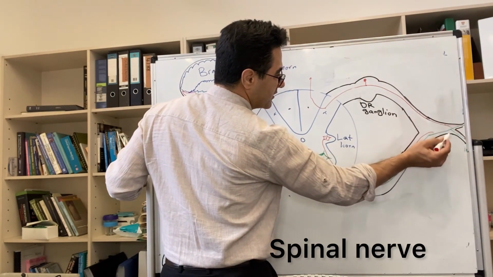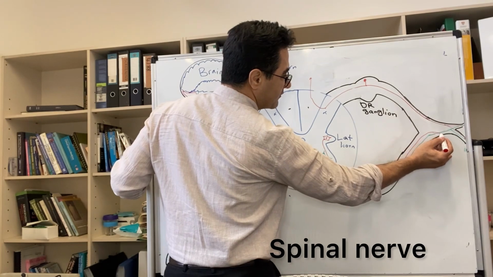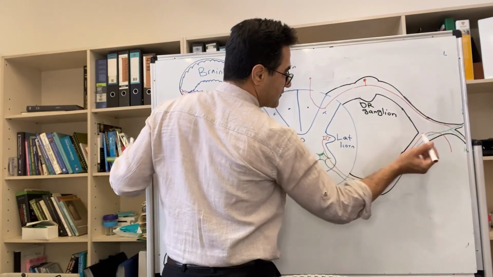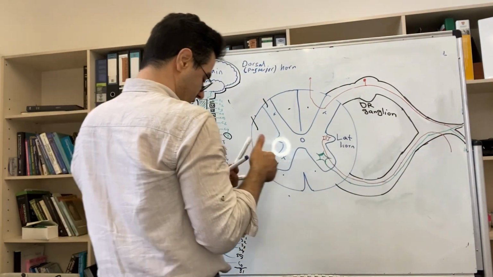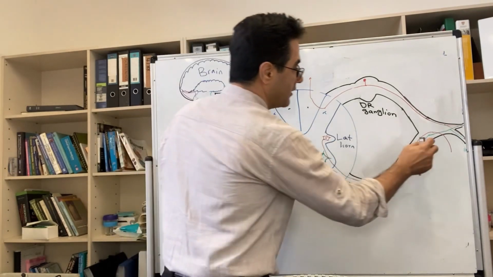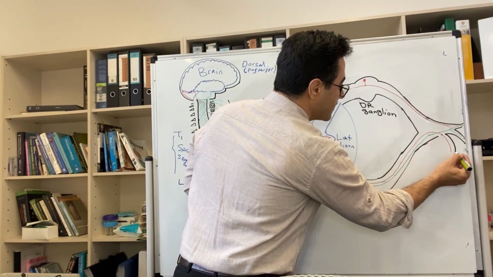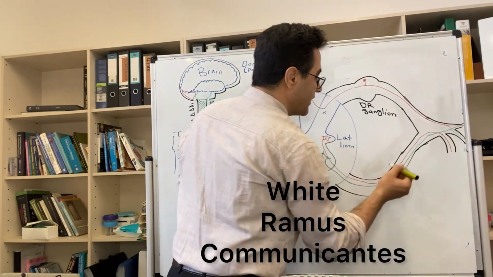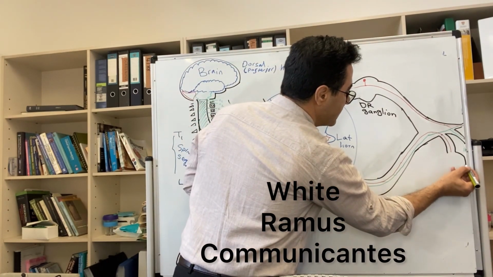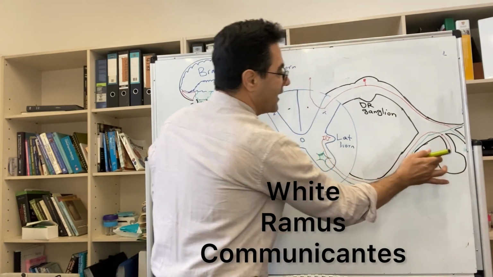Here is the spinal nerve, exiting through this way. This way is called the white communicantis, and then it synapses onto the ganglion.